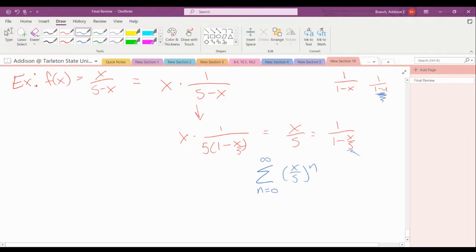We have x, and we factored out a 5 from just the denominator. But then we can pull that out in front and rewrite that, because this could be rewritten as 1/5 times 1 over x minus 5.